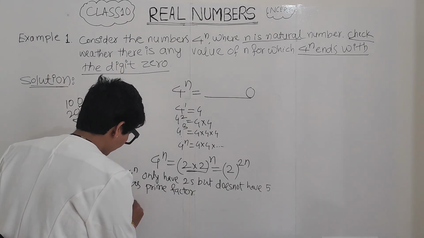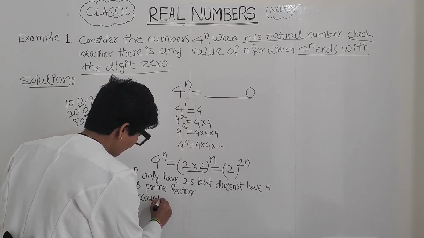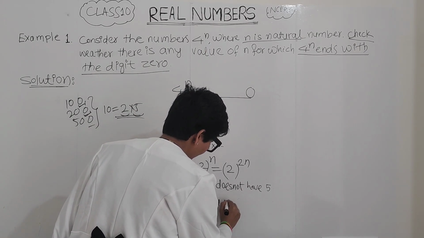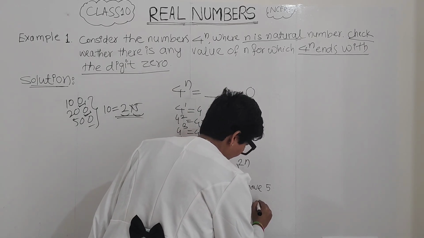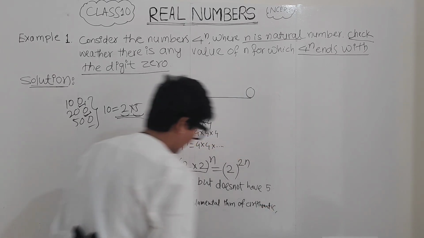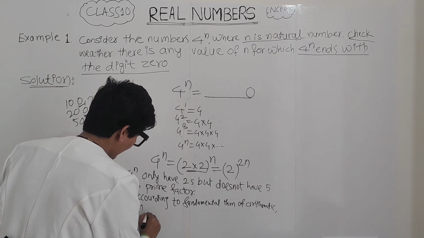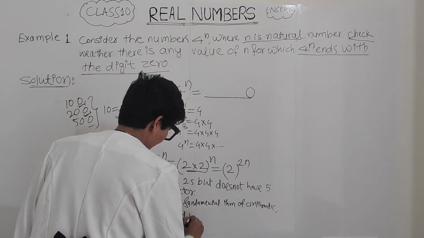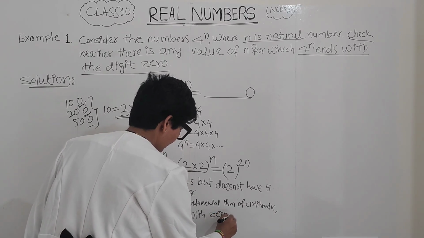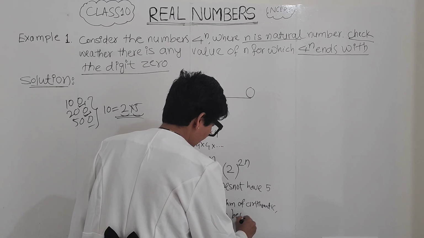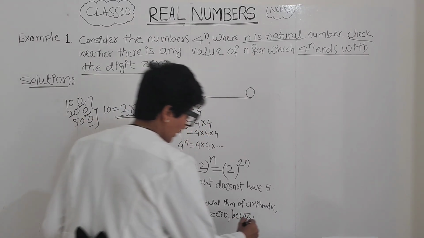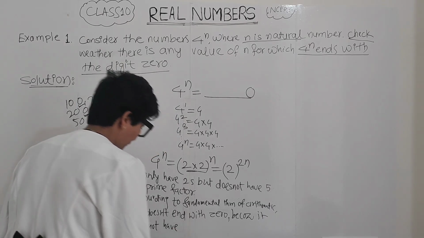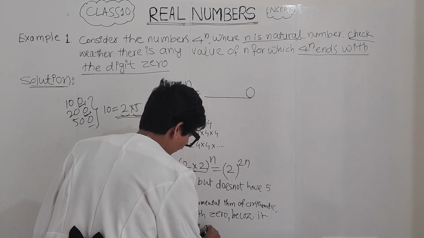Therefore, according to the fundamental theorem of arithmetic, 4 to the power n doesn't end with 0, because it does not have 5 as a prime factor.